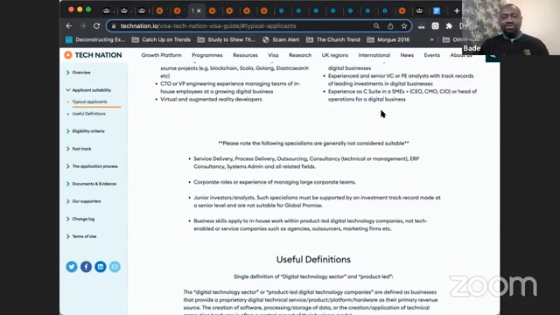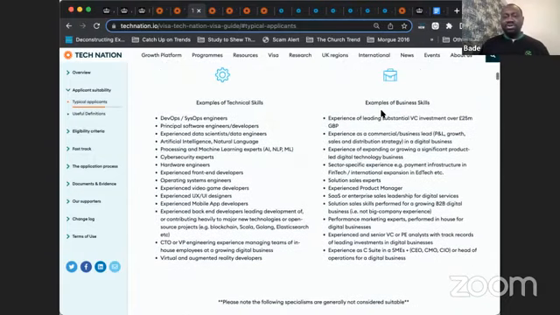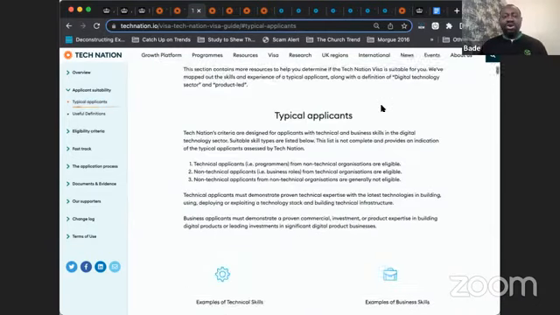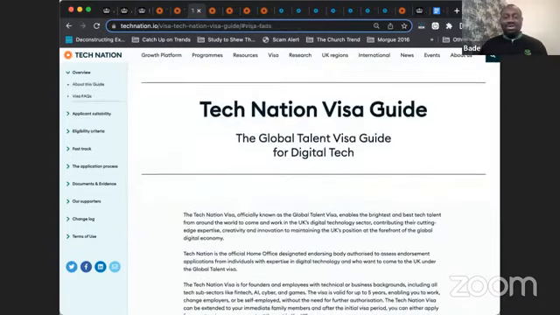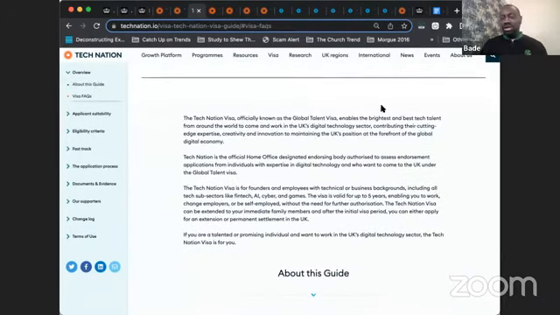These are other options of categories that do not qualify and all, but then the focus is these are skills that qualify on the technical side, and these are skills that qualify also on the business side of technology. The focus is that you should be working in product-led digital technology.